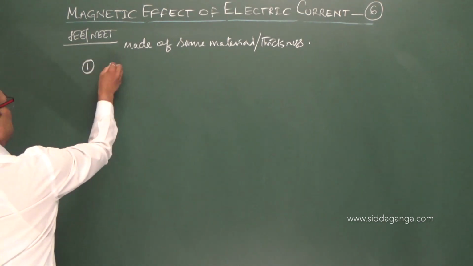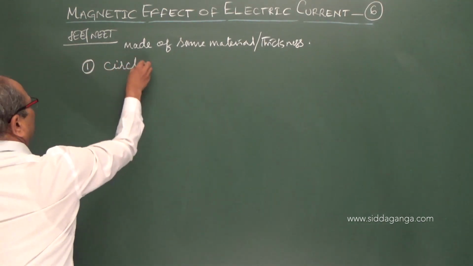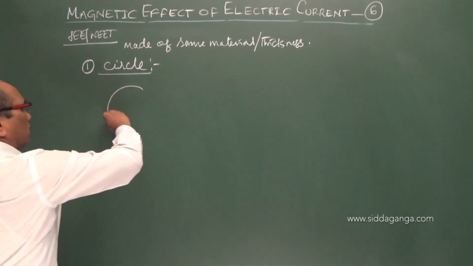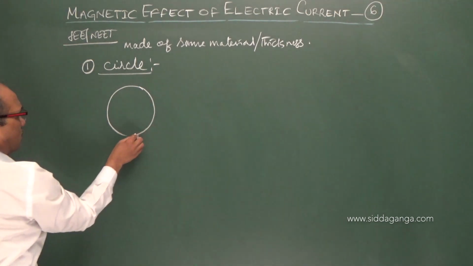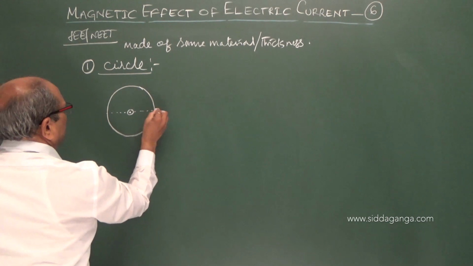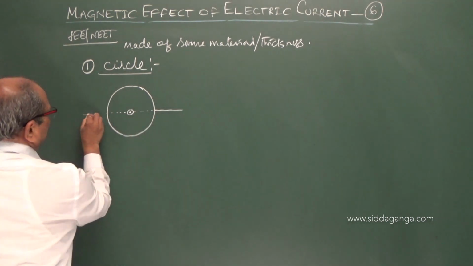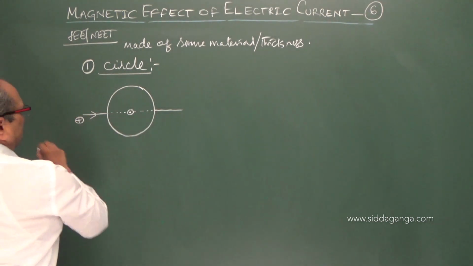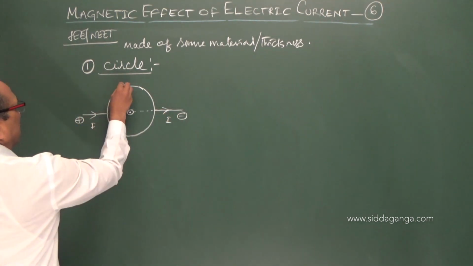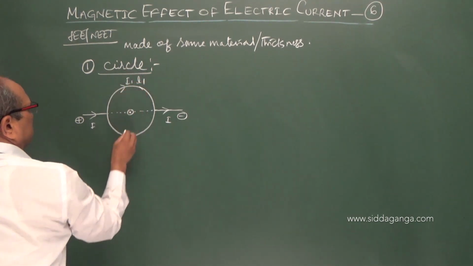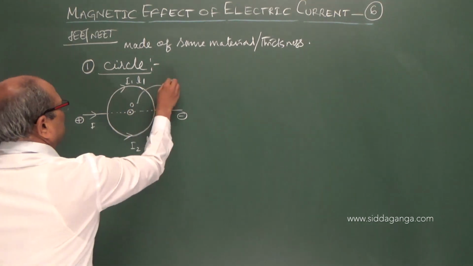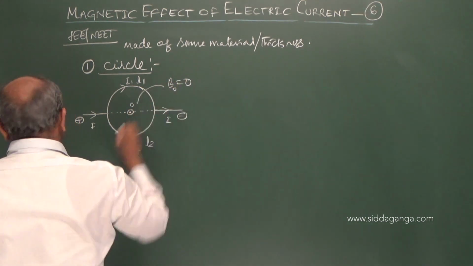So first, if you take this circle, exactly from the center, if the connections are given the current and taken off, here the current I splits into I1 with length L1, and here I2 with length L2. At the center, the field becomes 0.